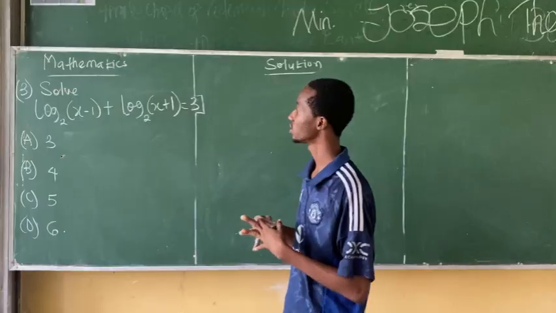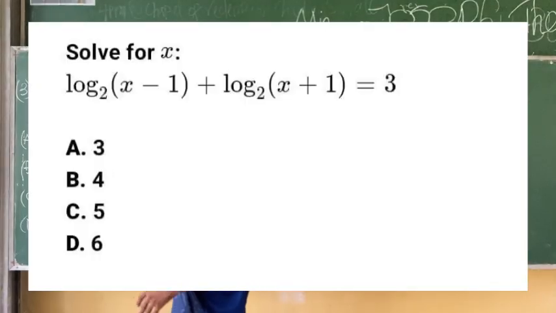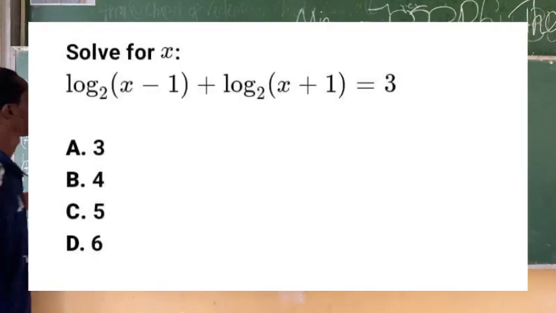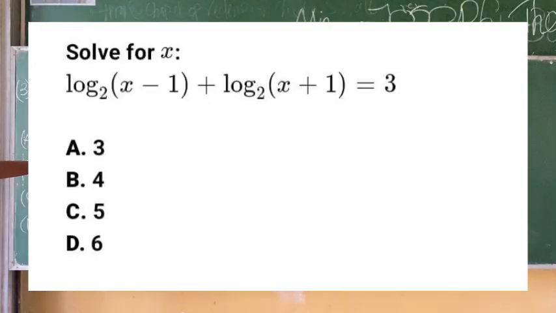The third question says, solve this. Log base 2 of x minus 1 plus log base 2 of x plus 1 is equal to 3. Option A, we have 3. Option B, we have 4. C, 5, and D, 6. Now, this question is a very simple question.